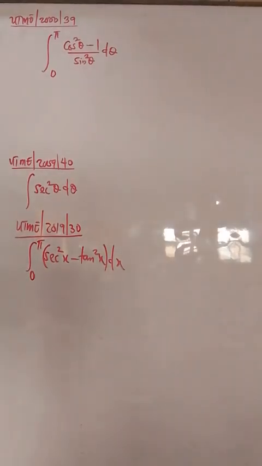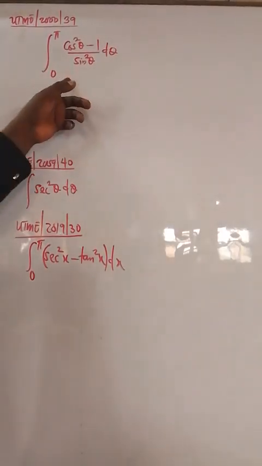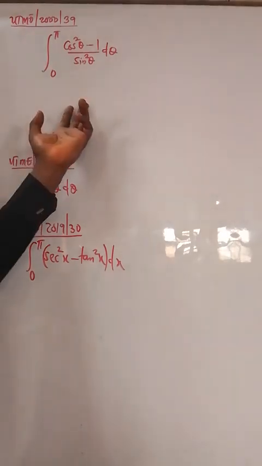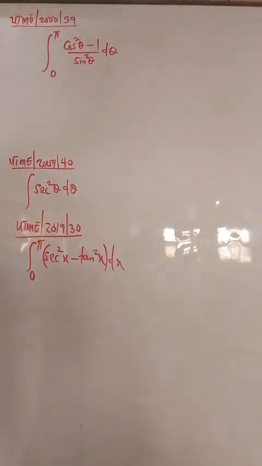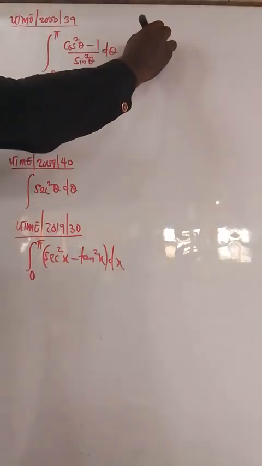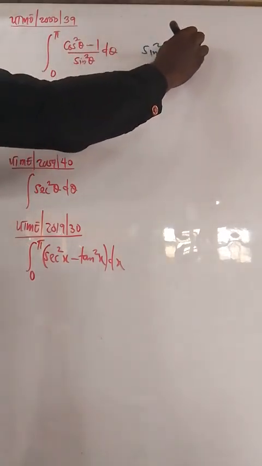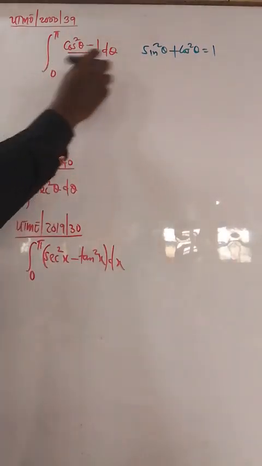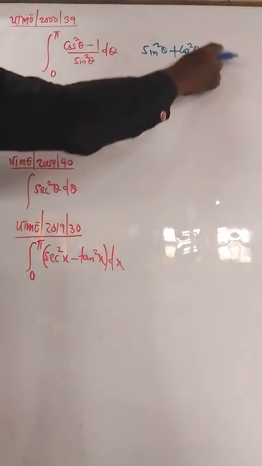Okay, consider the following question. Now looking at this, it looks like quotient rule. But when you look very well, sometimes you might need to apply trig identity. And I believe you should know that sine square theta plus cos square theta equals 1. So from here, I can bring this one here.